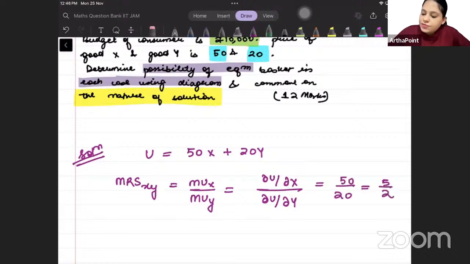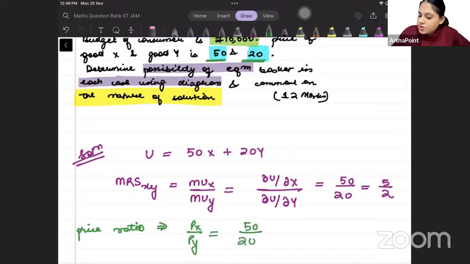Now, find the price ratio. PX by PY, 50 by 20, 5 by 2.